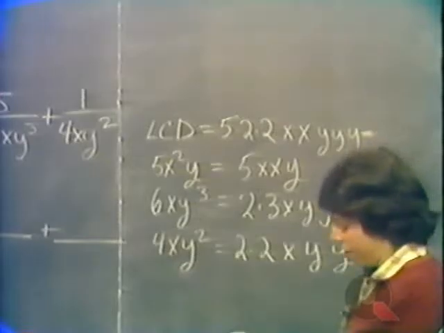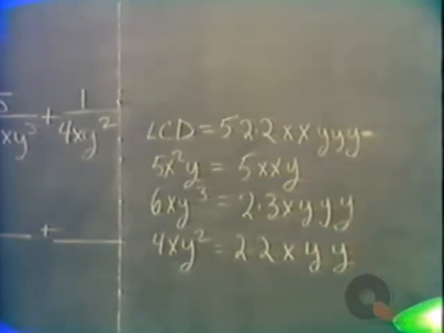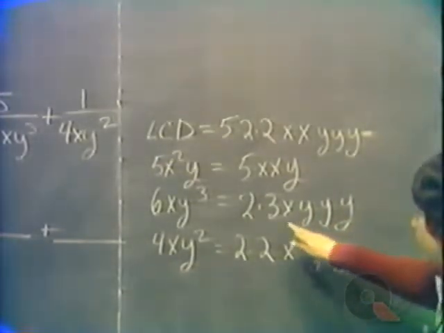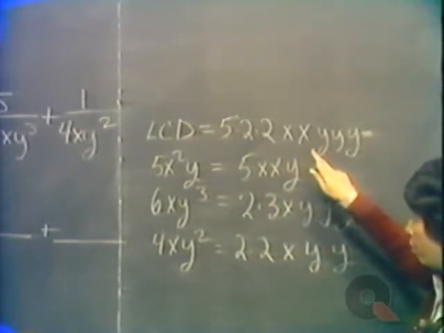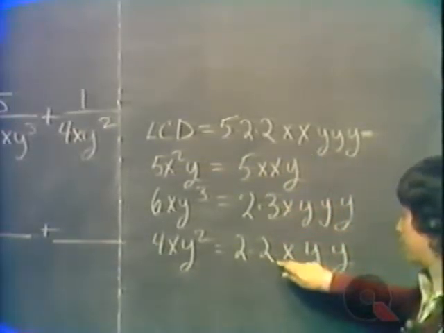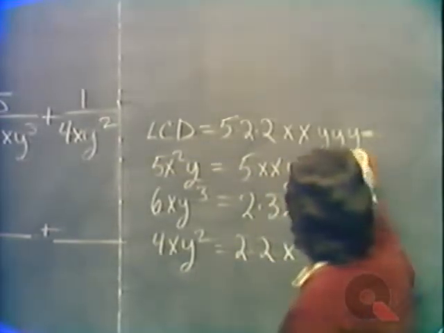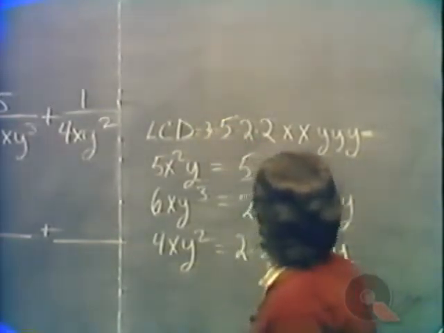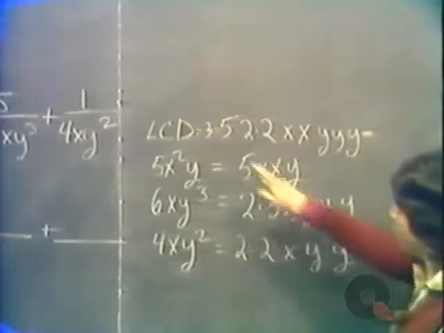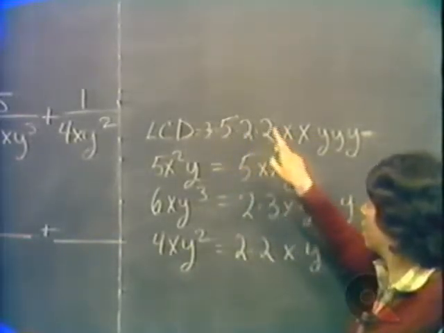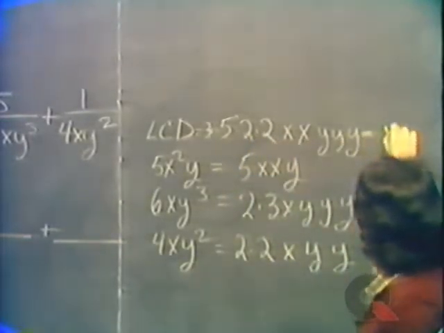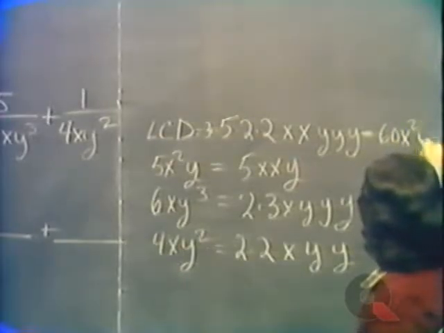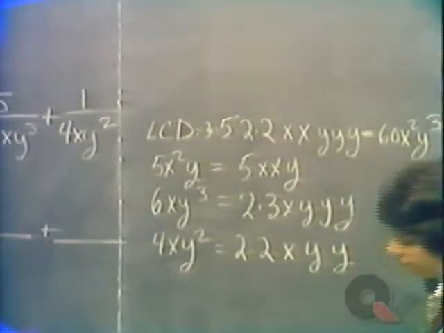So the LCD becomes, and 3 appears not here, once here, and not here, so we'll need 3. Let me squeeze it in here. So we get 3 times 5, 15 times 4, 60 x squared y cubed for the LCD.